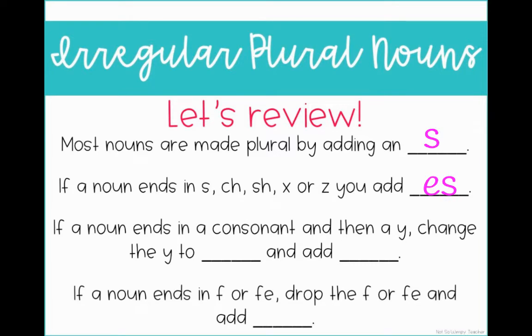If a noun ends in a consonant, remember that a consonant is any letter that's not a vowel. So if it ends in a consonant and then a Y, we need to change the Y to what and then add what? So we need to change the Y to I and then add the ES.